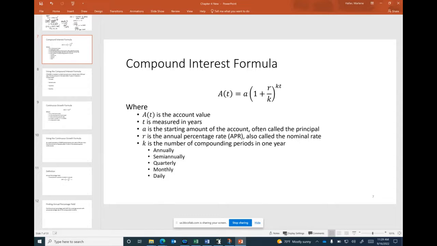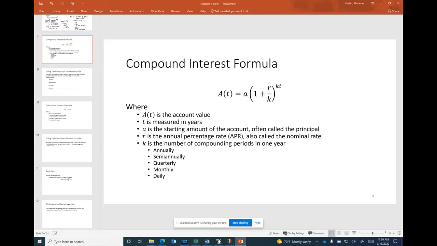What does it mean to compound interest? It means that every period of time, whatever the period of time that's being used, the interest is calculated and then it's added back into the initial amount, right? So if you have an investment and it's earning some rate of interest and you just let it sit there, if it's an annual compounding every year, the bank would compound that interest and add it back into your amount that you've saved.